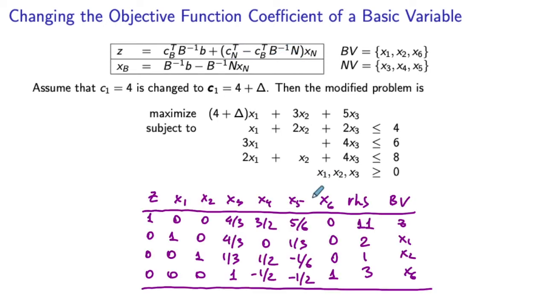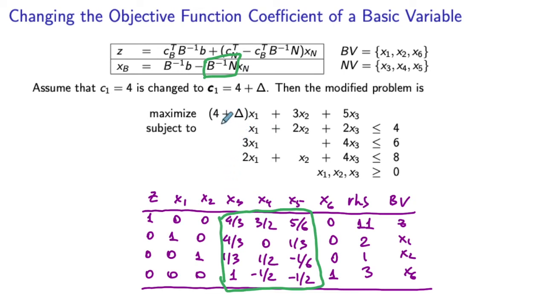If you are given the optimal tableau, then we know exactly where to read the B inverse times n. We need to look at the columns of non-basic variables, in our case x3, x4, and x5, and the matrix corresponding to these columns will give us B inverse times n. Then we need to multiply B inverse times n by CB transposed from the left and subtract from Cn transposed in order to obtain the new non-basic variable coefficients in the objective.